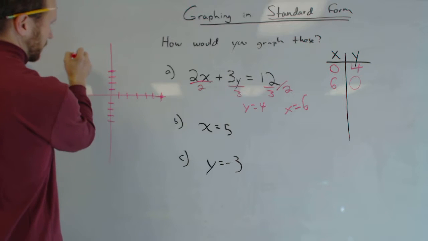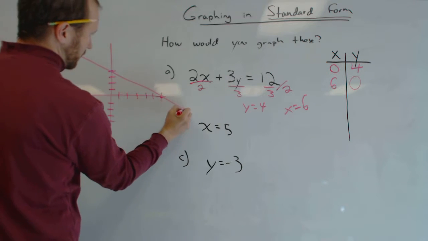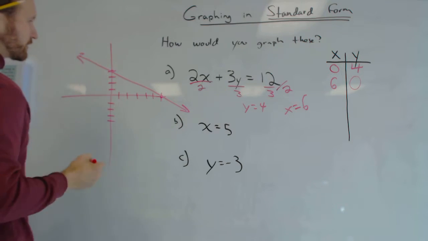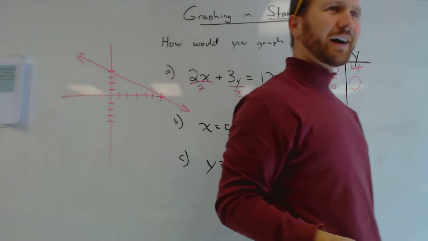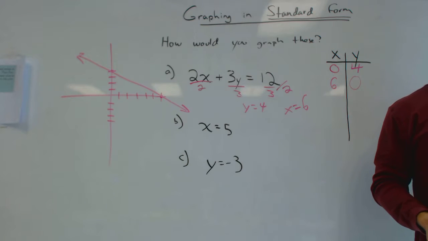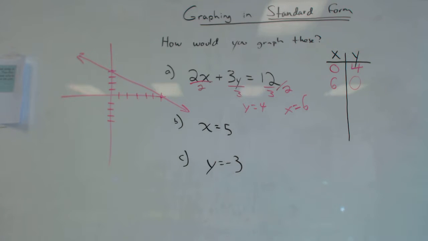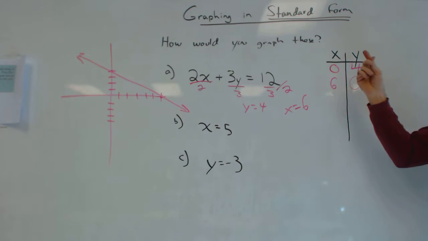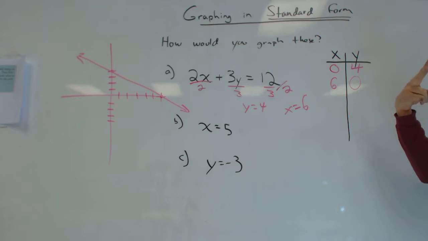Put a point there. And then, look, perfectly straight line. That's a little bent, but just pretend you can't see it. So we're typically going to graph in standard form by just finding 2 points. We'll find the x-intercept and the y-intercept.